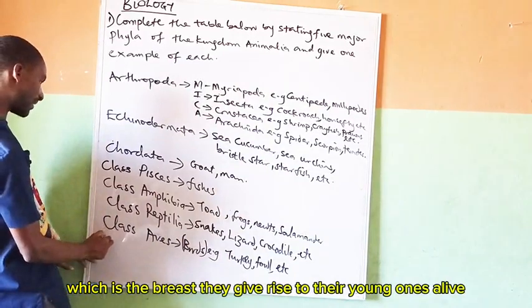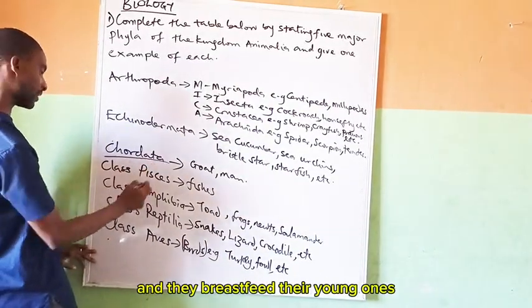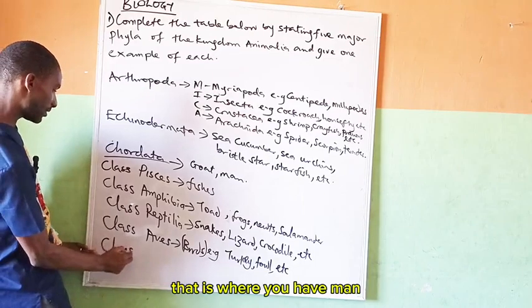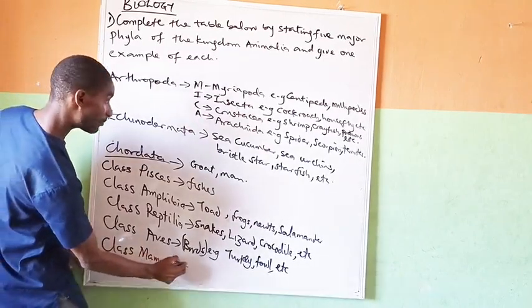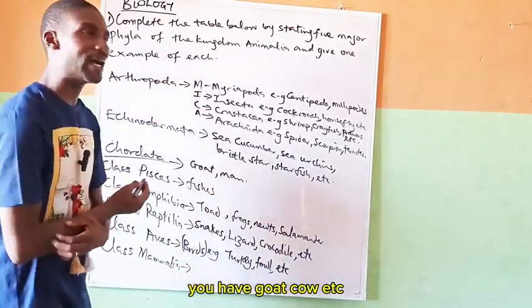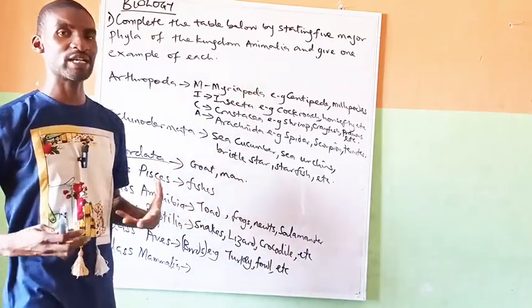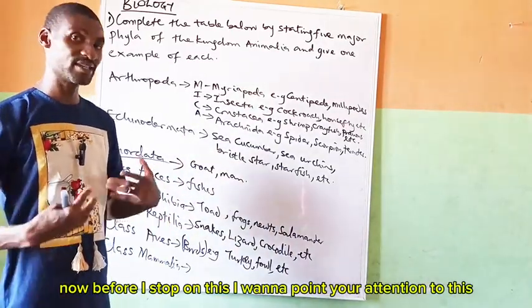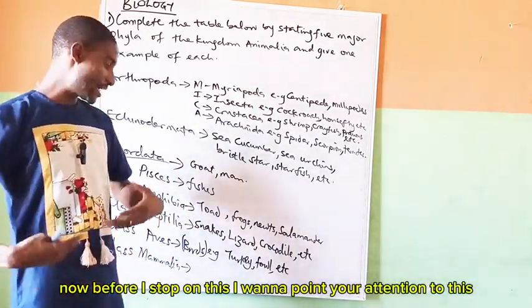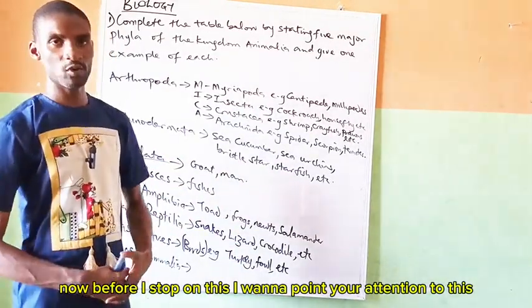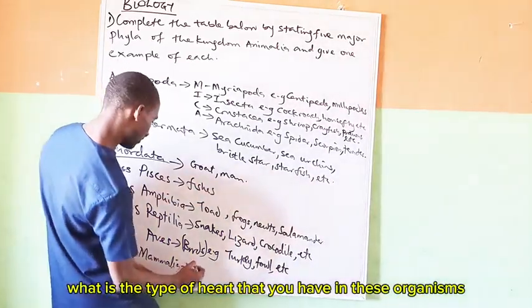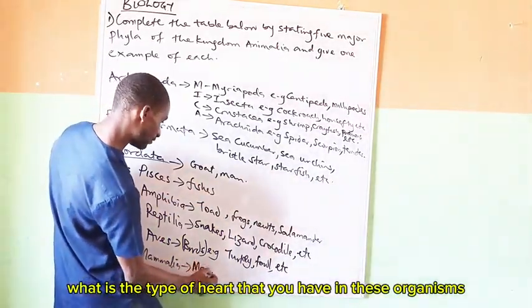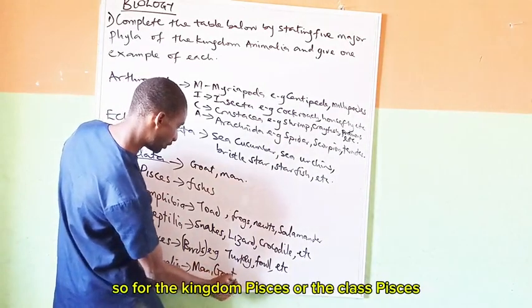And of course, the last class under the Chordata is the class Mammalia. Now the mammalia are the organisms that have the mammary gland, which is the breast. They give rise to their young ones alive and they breastfeed their young ones. That is where you have man, goat, cow, etc.